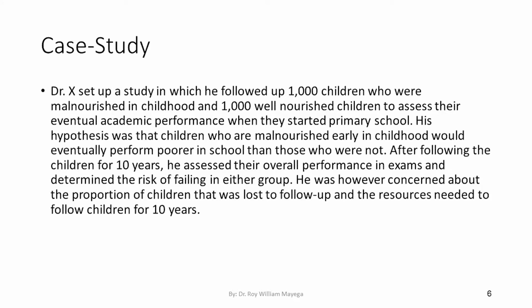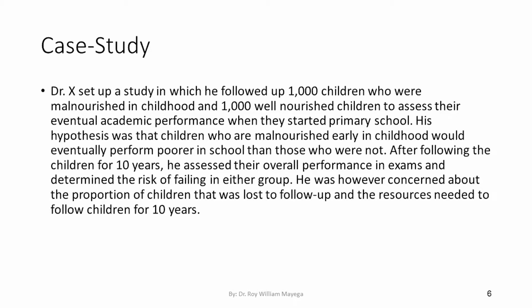Dr. X set up a study in which he followed 1,000 children who were malnourished in childhood and 1,000 children who were well nourished. He wanted to assess their eventual academic performance when they started primary school.